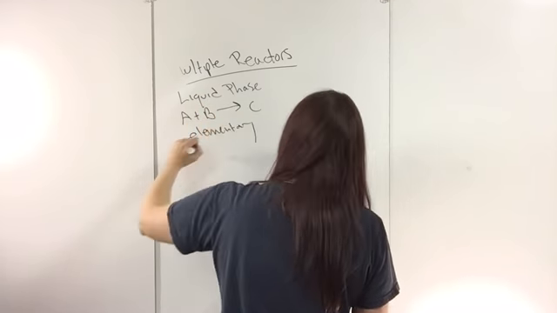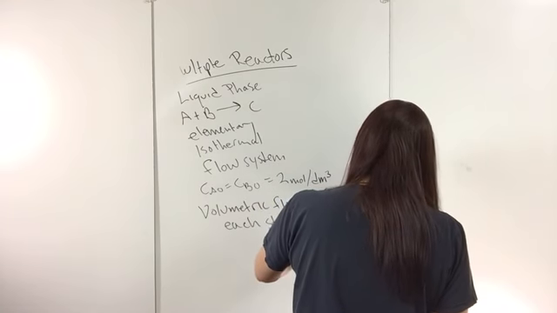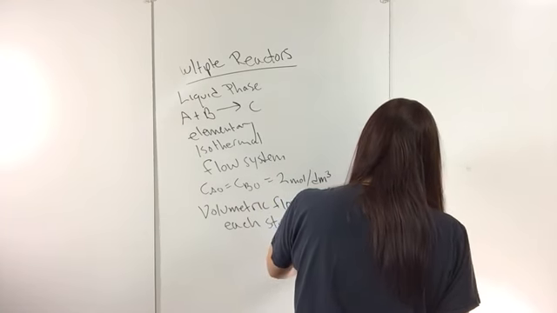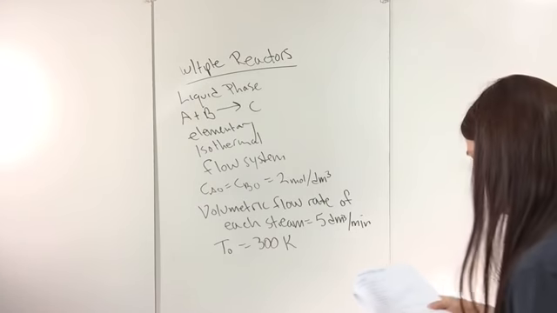And the volumetric flow rate of each stream is equal to 5 dm cubed per minute. T naught is equal to 300 K, and the streams mix immediately upon entering the reactor.